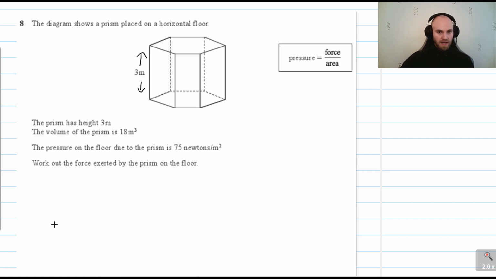So what do we have? Well, we know the pressure, that is going to equal 75. The question wants us to find the force, which we don't know yet. And the area, again, at the moment we don't know what the area is. And we're going to have to do something to figure that out.